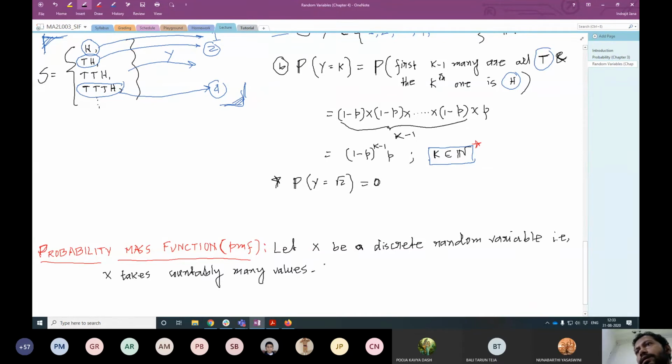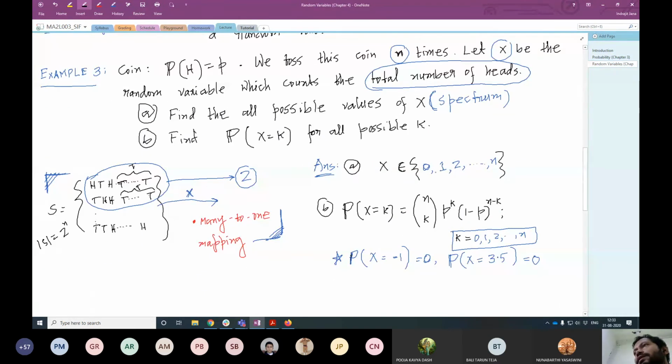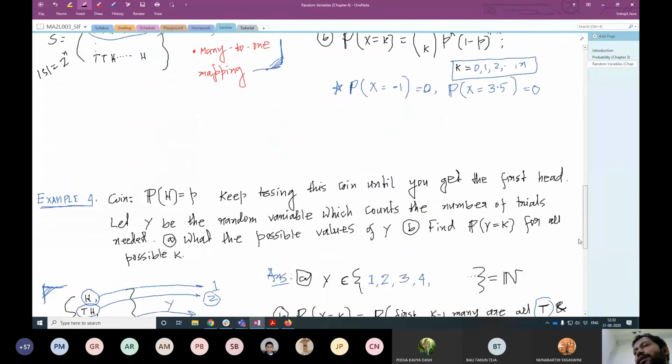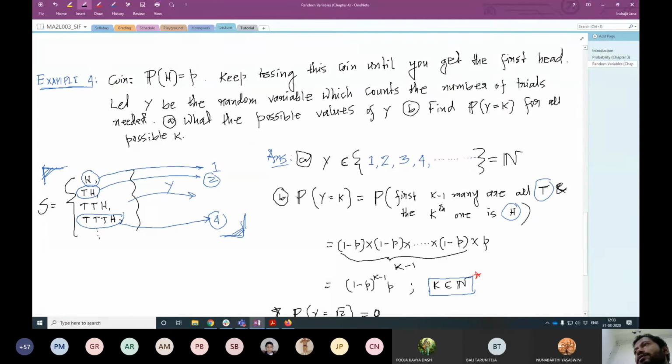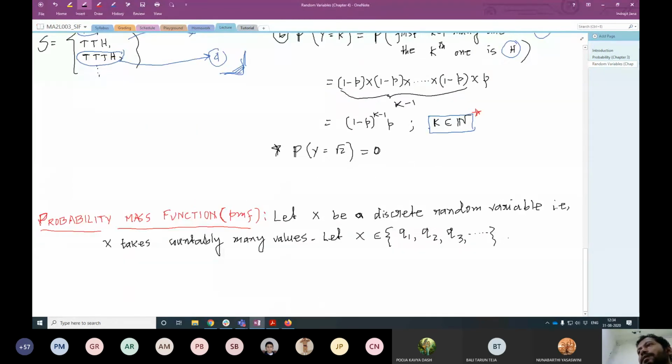Now let the spectrum of X be the numbers, say q1, q2, q3, and so on. For example, in example 3, X was taking values 0, 1, 2, 3, up to n. So you can say q1 is 0, q2 is 1, q3 is 2, and so on. These are the values X was taking. In the next example, it was taking 1, 2, 3, 4. Suppose these are the values X is taking.